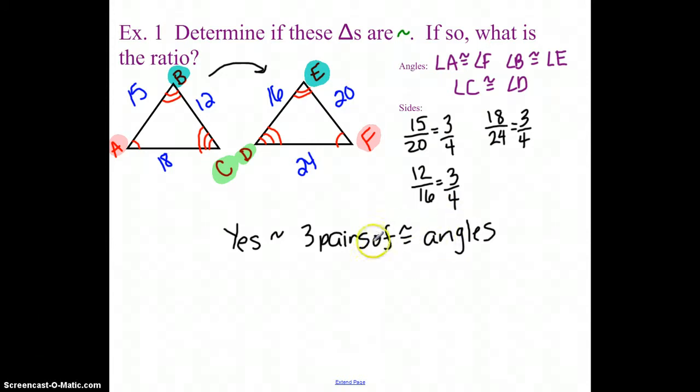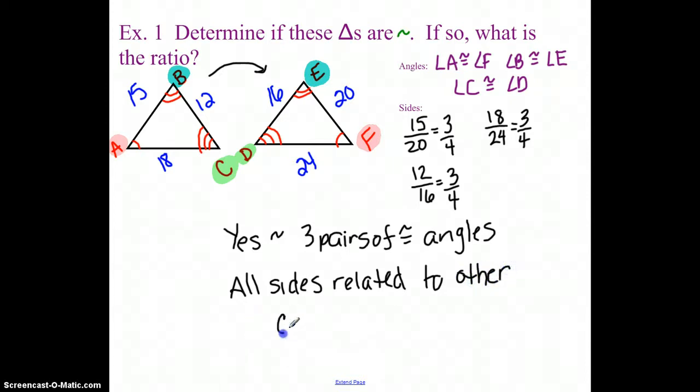So that means that in this one, all sides are related to other corresponding sides by a 3 to 4 ratio.